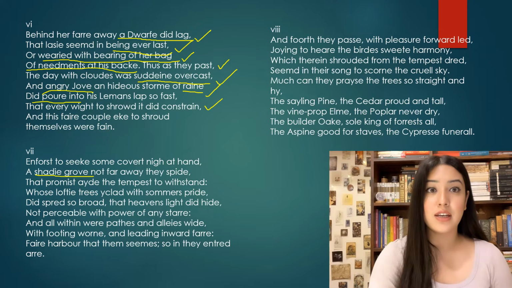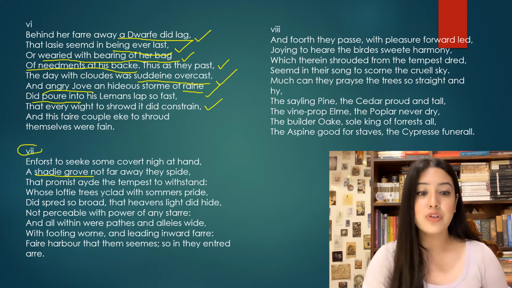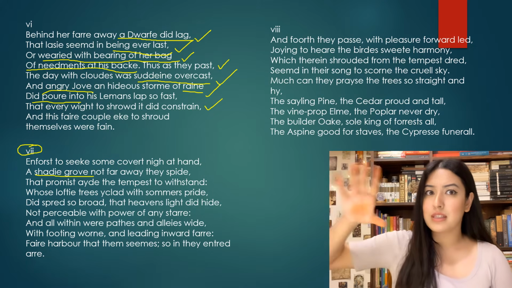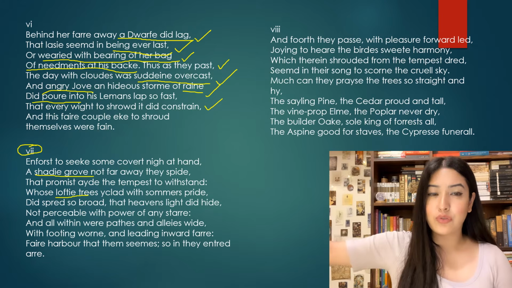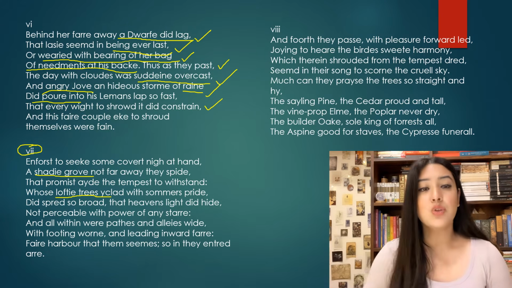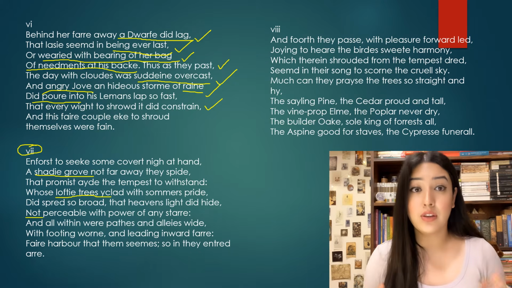This is mentioned in stanza 8, that "enfrost to seek some covert nigh at hand, a shady grove not far away they spied." So they saw a shady grove not far from where they were, and they had to take shelter there. So in the rest of stanza 7, they are saying what the grove was like.